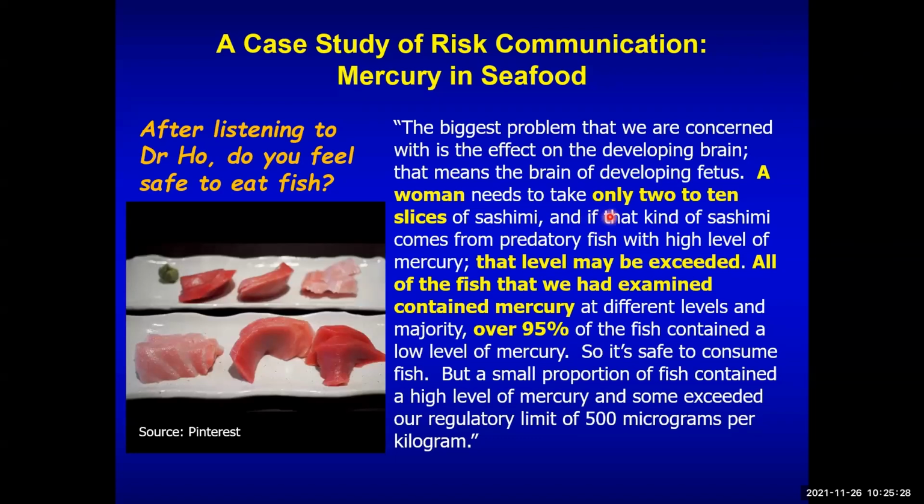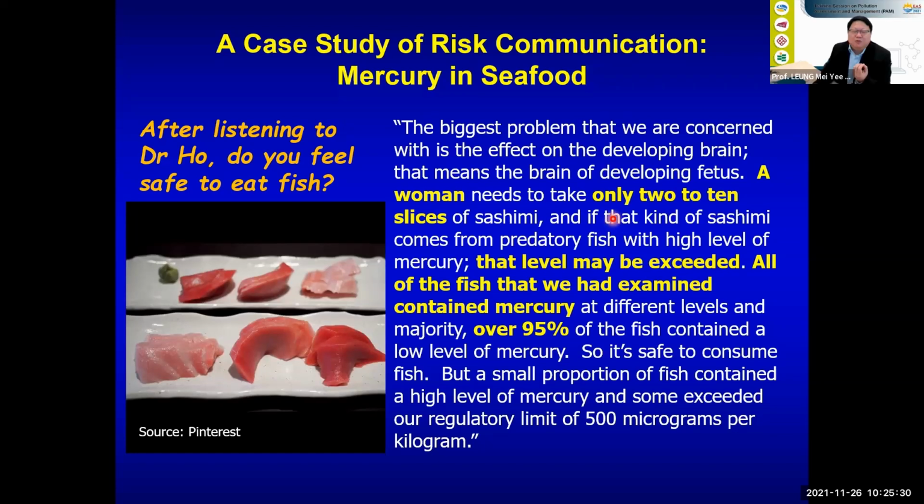We need to tell people what are the risks we're talking about, what are the fish with problem, people can have choices, and then how to minimize the risk. We also need to tell those sensitive groups like pregnant women, children, they must avoid consuming such kind of fish product. So this is a very good lesson for us to learn.